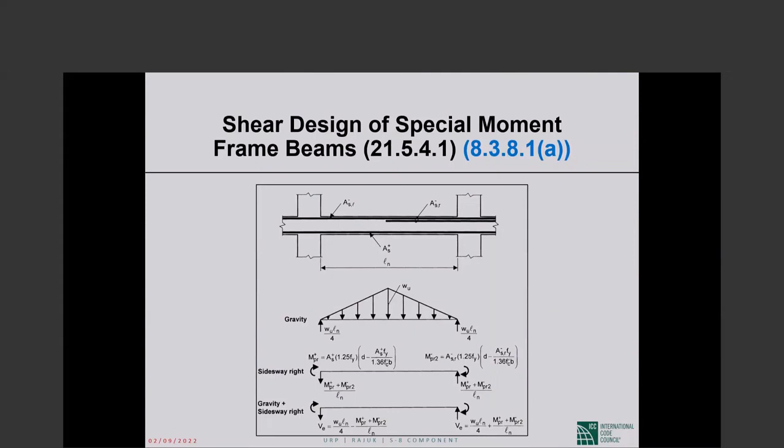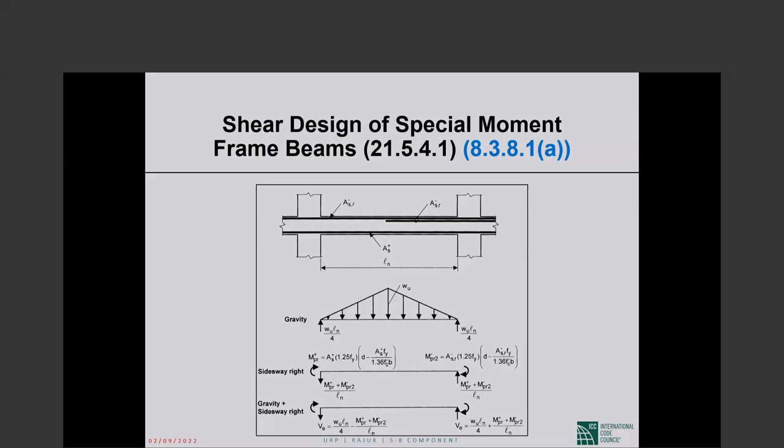We do not design a special moment frame beam for the shear that our analysis says develops in the beam. We design a special moment frame beam for the largest shear that can develop in the beam.